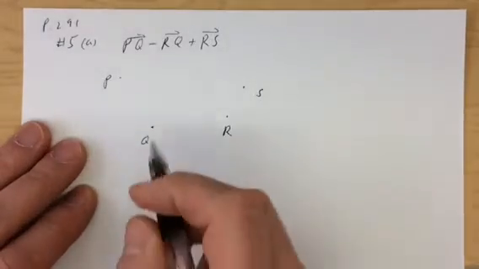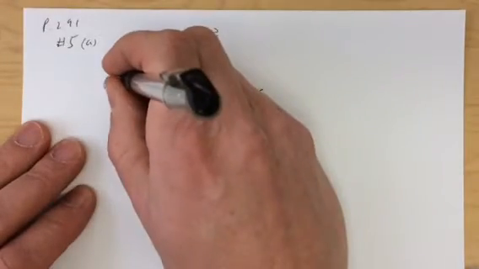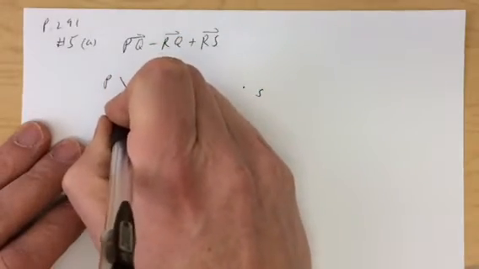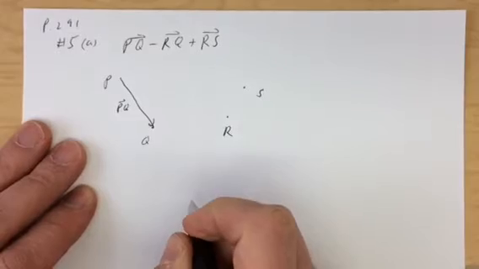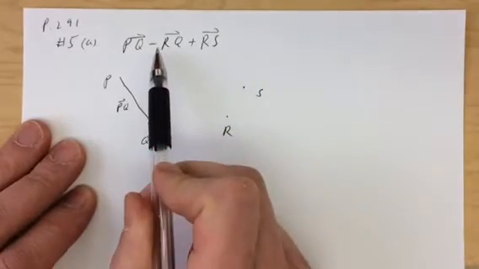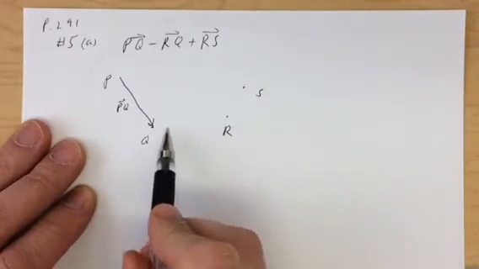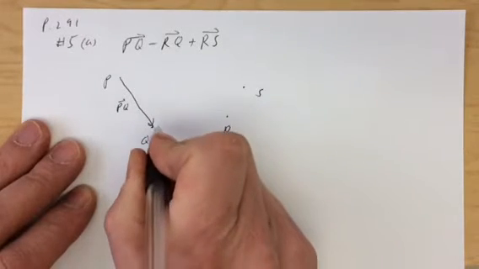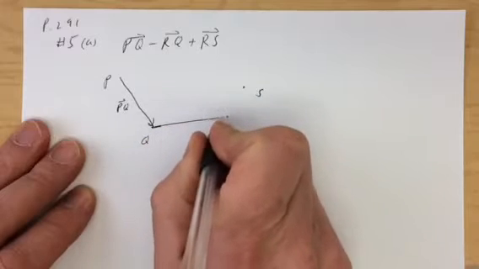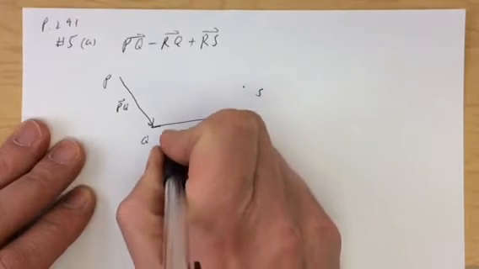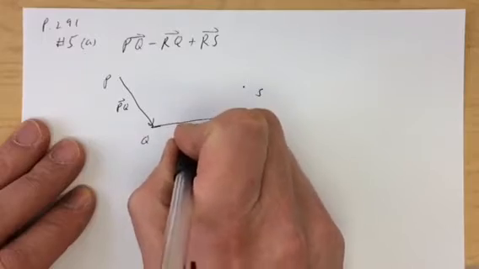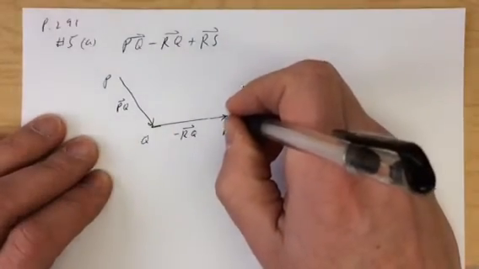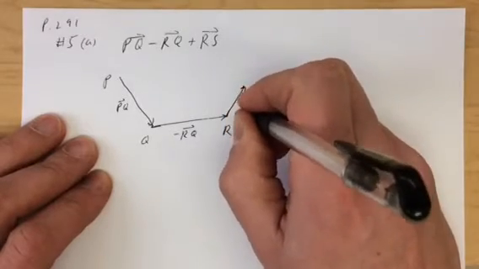Okay. And I'm going to draw the vector PQ. There's PQ. And then negative RQ. So RQ is this way, so negative RQ is going to go that way from Q to R. Okay, so that's negative RQ, and then plus RS.